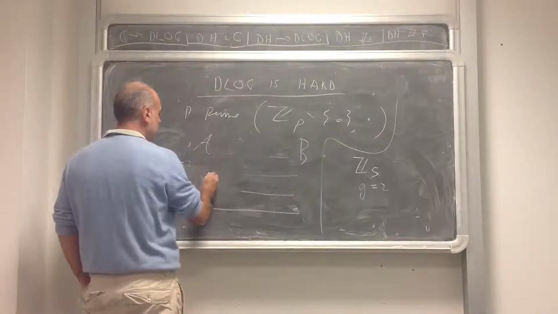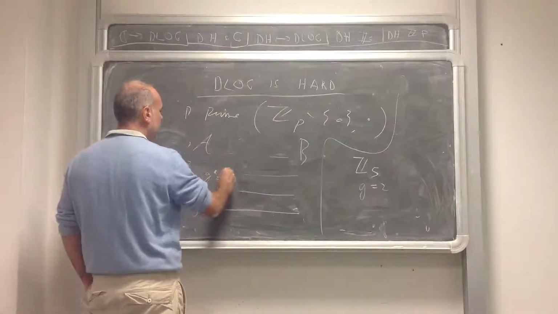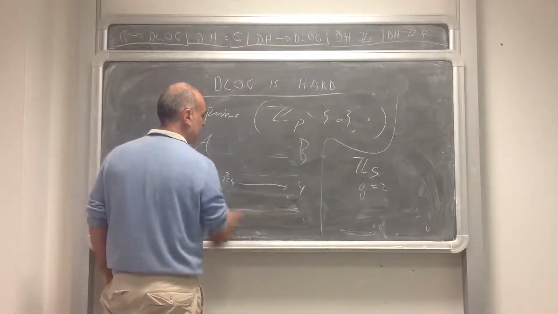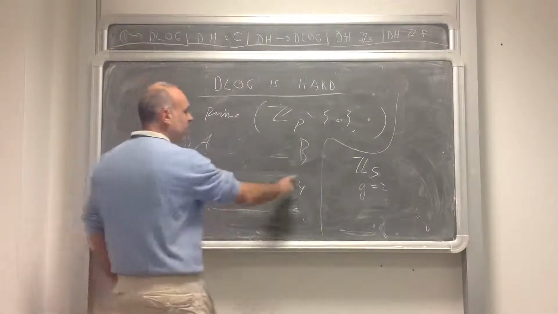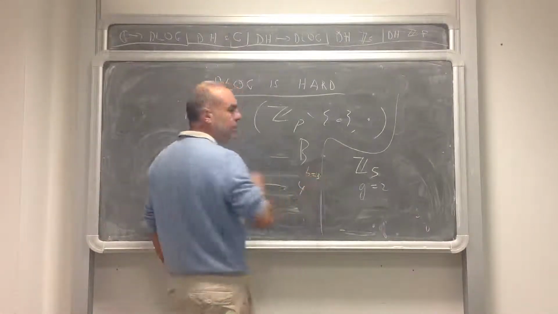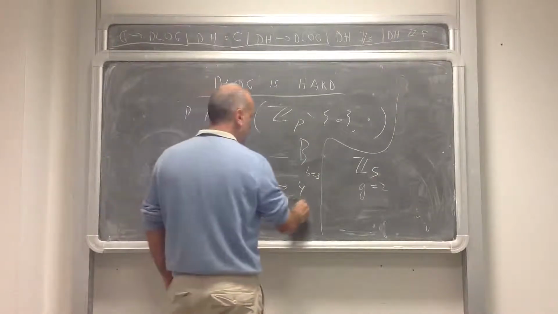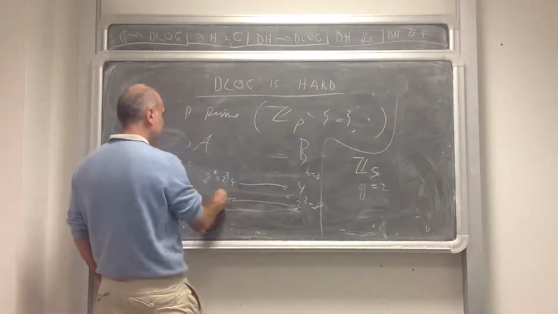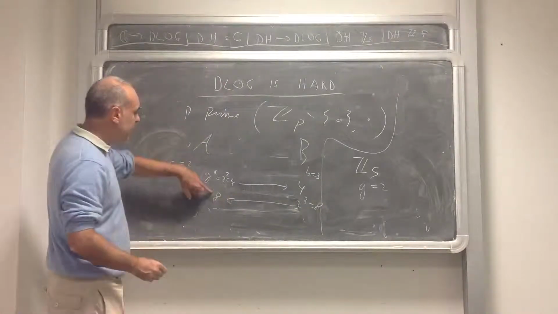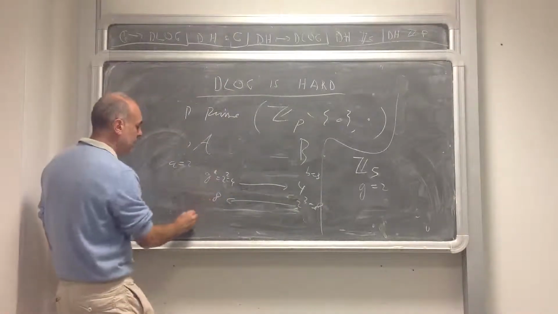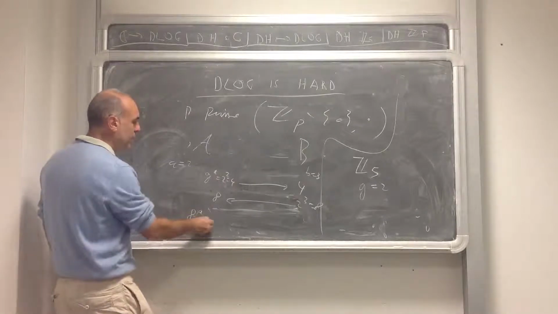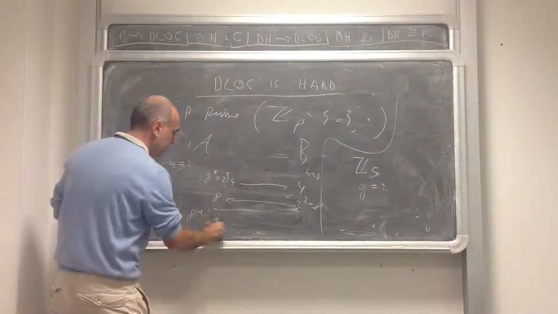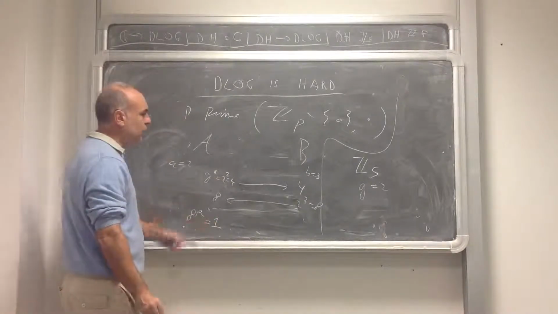So she computes G to the A, 2 to 2, which is 4, and sends 4 to Bob. Bob chooses B equal 3. So he computes 2 to 3, which is 8, and sends 8. Now Alice takes 8 to A, 8 to 2.